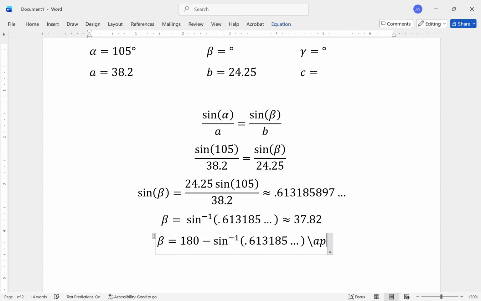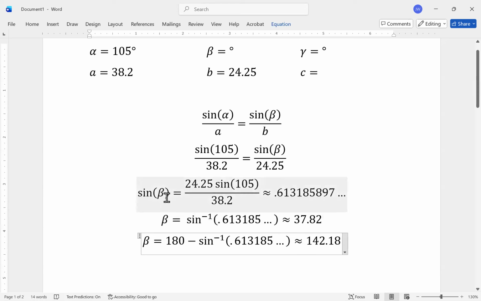And if you do that calculation, you end up with 142.18 roughly. And you can check that if you plug in sine of 37.82, you get about that number. Again, this was rounded. And if you plug in sine of 142.18, you also get about that number.